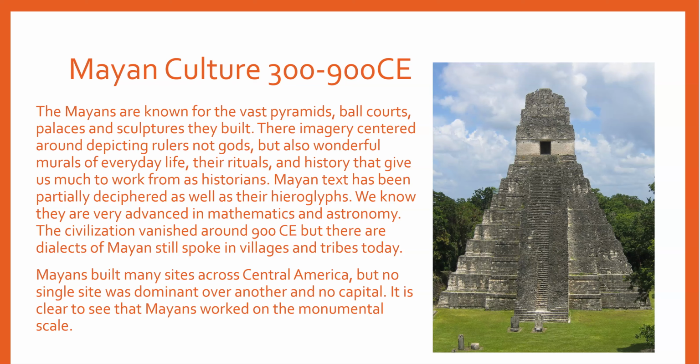And it talks a lot about not only the rulers and what they did, but also why a temple was maybe dedicated. So there's a lot of writing that we know about them. They're very advanced in mathematics and astronomy. And like I said, the civilization goes away around 900, but there's still people speaking it today.